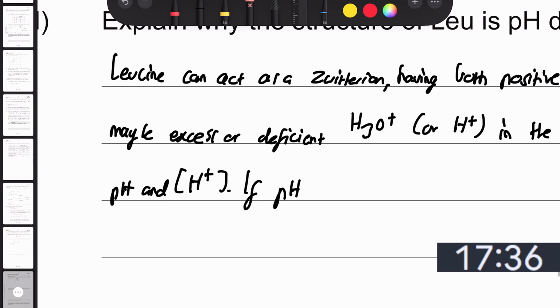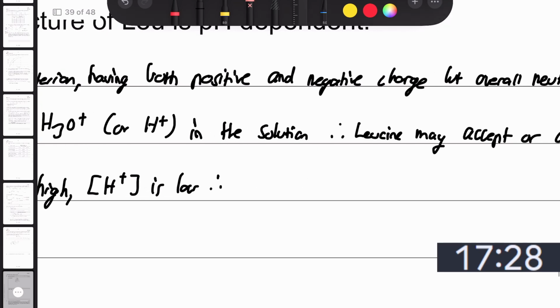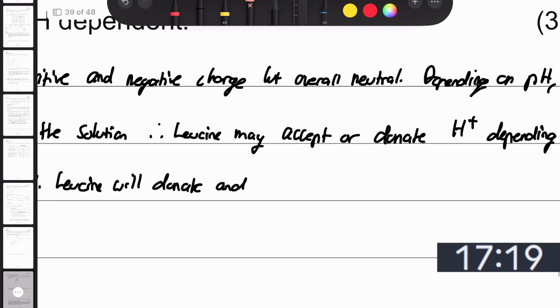If pH is high, then H plus is low, therefore leucine will donate and lose a H atom.